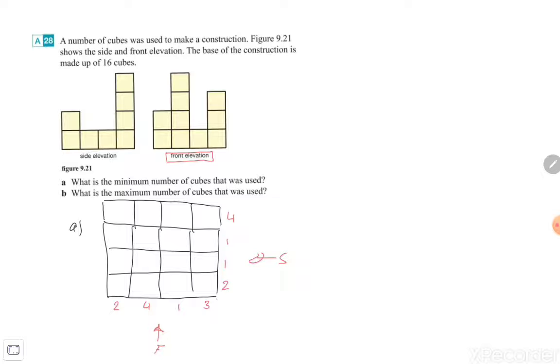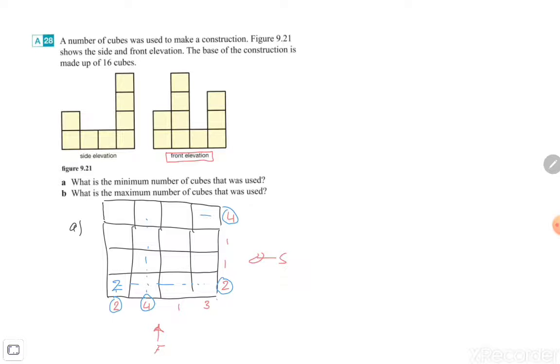Now, what I do is look for a good combination of the front elevation and the side elevation. So, for example, here I find a 2, and on the side elevation I also find a 2, which means that I can immediately put a 2 here, because then the front elevation and the side elevation are correct. And with the 4, we can do the same thing immediately.